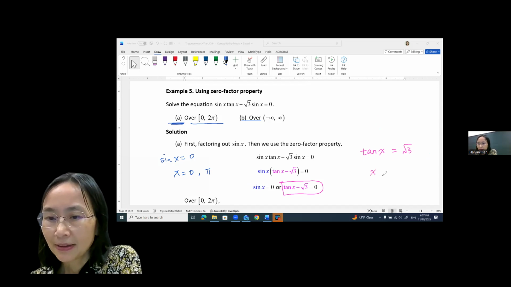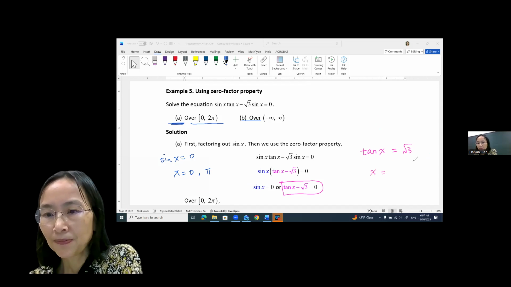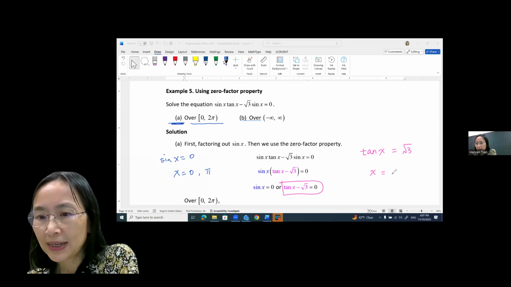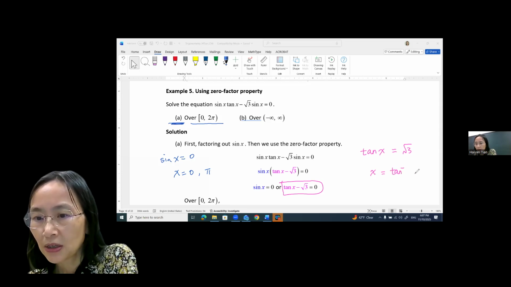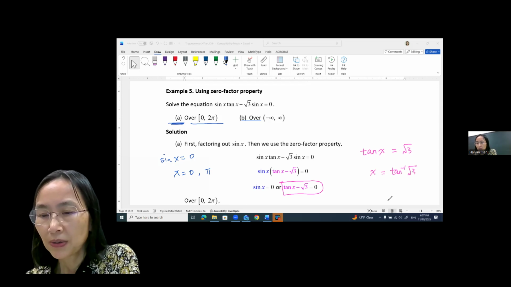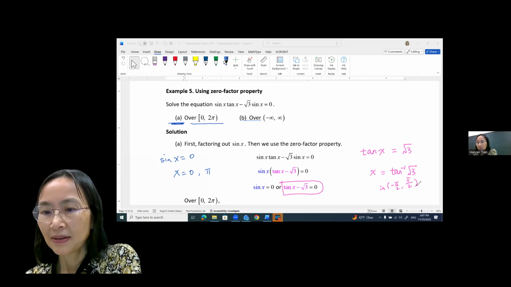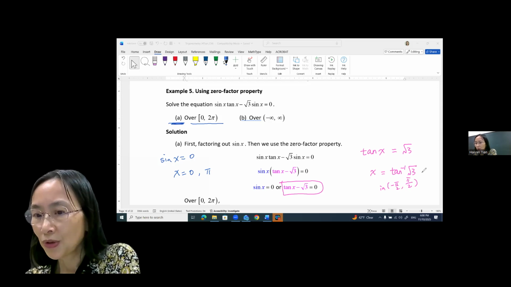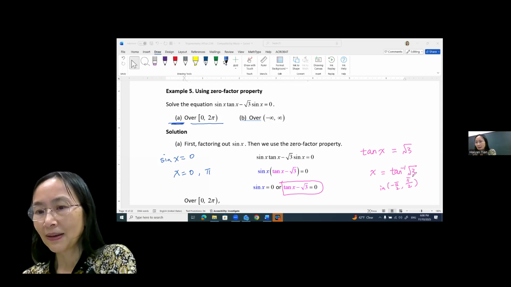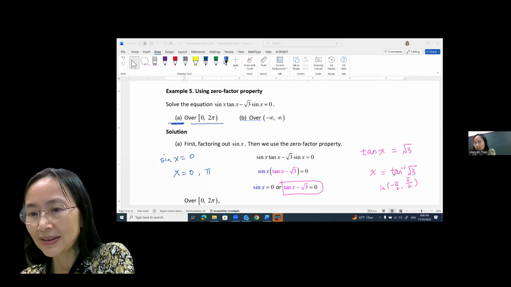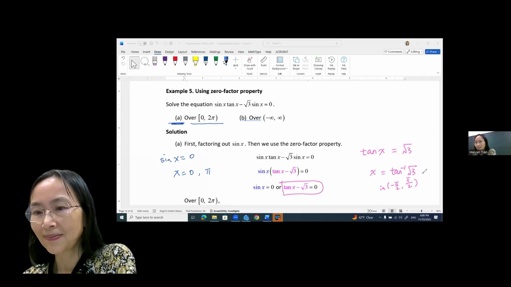If we do the tangent inverse, this will return a value from only negative half of pi to positive half of pi. Could you think of that angle x whose tangent is the square root of 3?